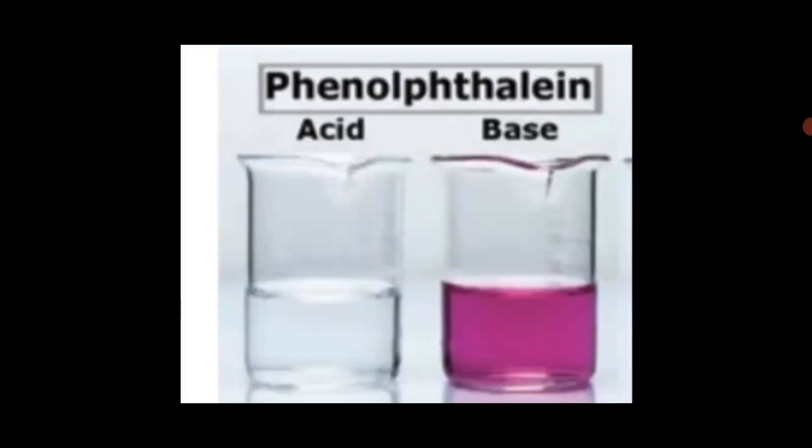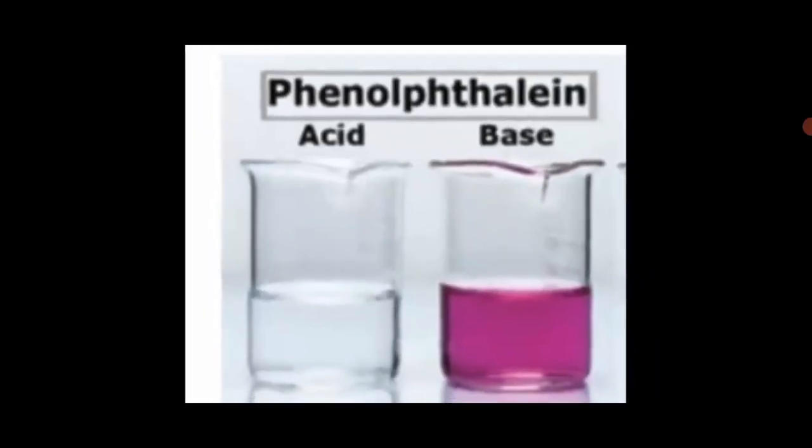The first beaker contains acid. Add a few drops of phenolphthalein to the acid in the first beaker. It gives colorless. So acid only gives colorless with phenolphthalein. So the first beaker contains acid.